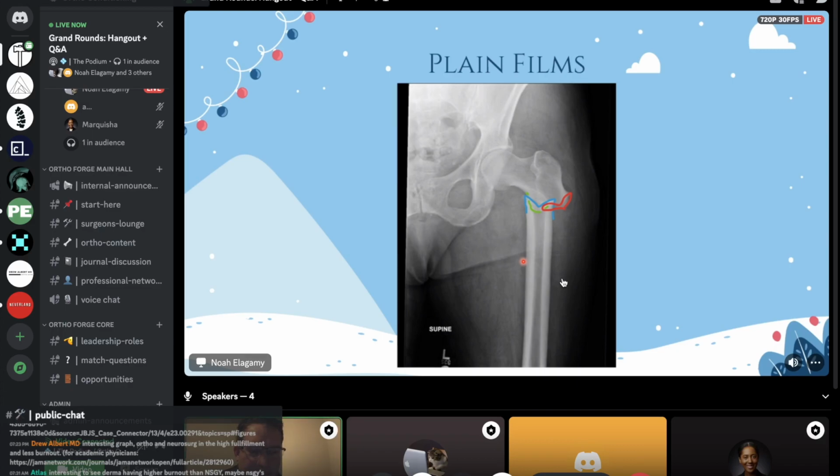But Marquisha, you had exactly the right thought about where this fracture is. It's below the lesser, and it's just connecting the dots with the naming: it's in the subtrochanteric region beneath the lesser, from the lesser all the way distal 5 centimeters from that point.